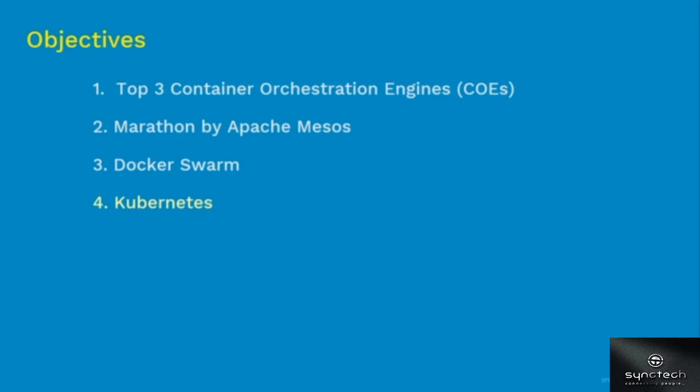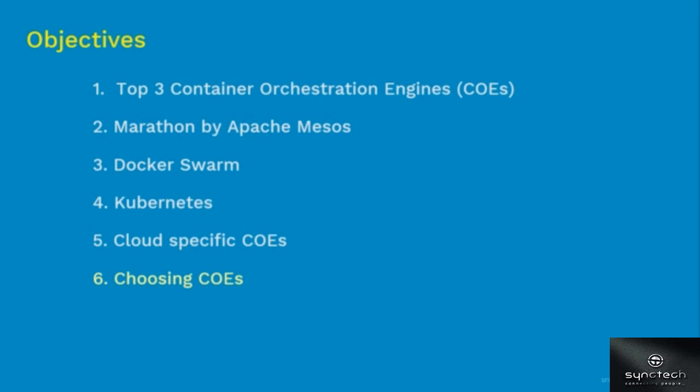I made a dedicated video in this series where I discussed Kubernetes in detail. The link to that video is provided in the description below. Then, we'll discuss some of the cloud-specific container services. And finally, we'll discuss how to choose the right container orchestration engine based on your team size and number of containers. So these are the objectives of this video.